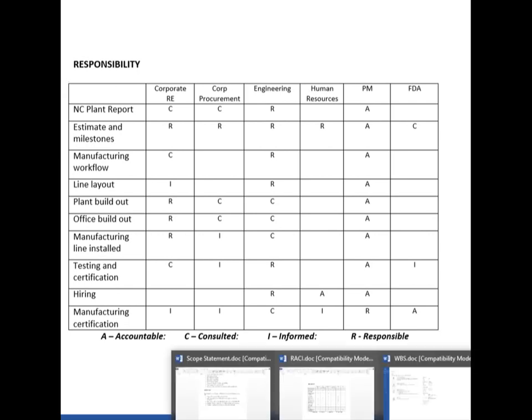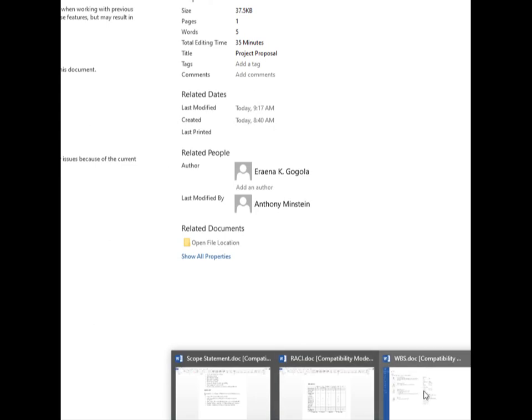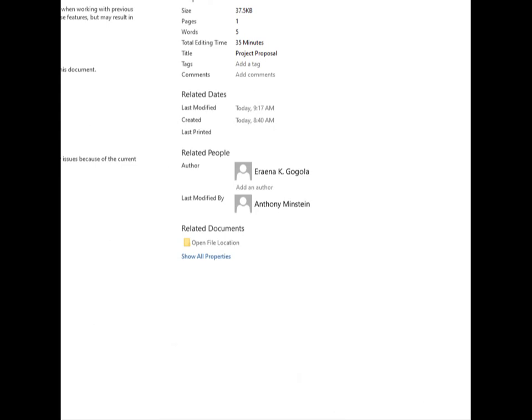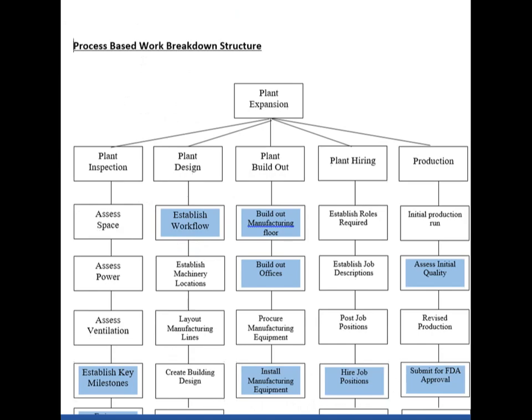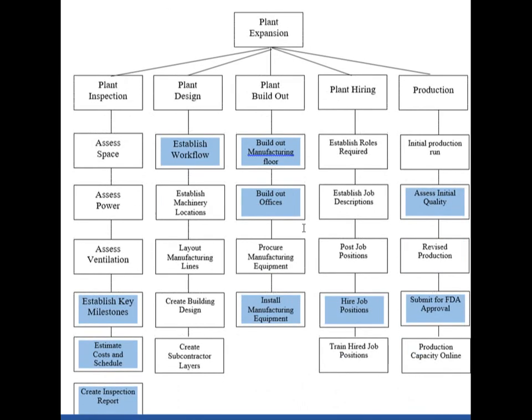The second deliverable that you all have due is the work breakdown structure. Oops, sorry. Let me open that up. And in the work breakdown structure here, I've got a process-based work breakdown structure.